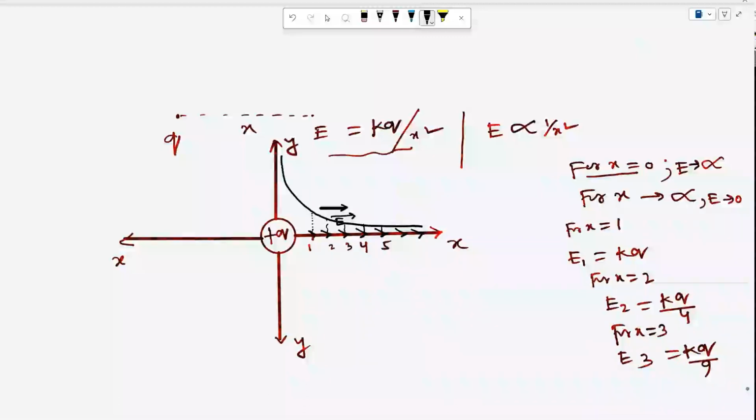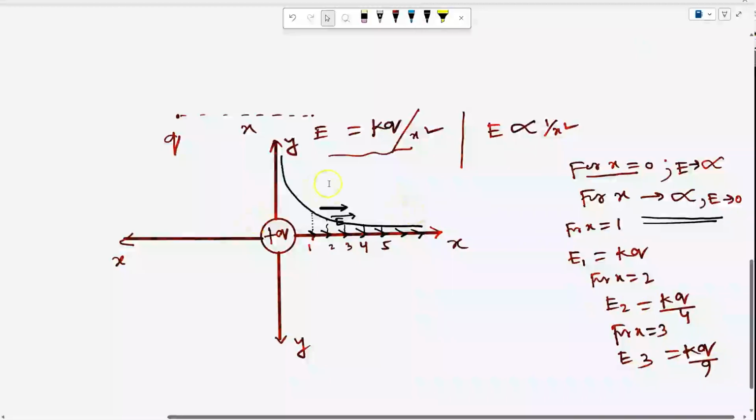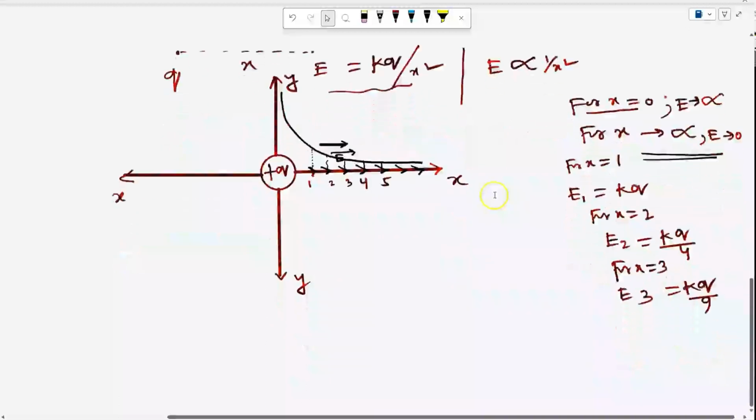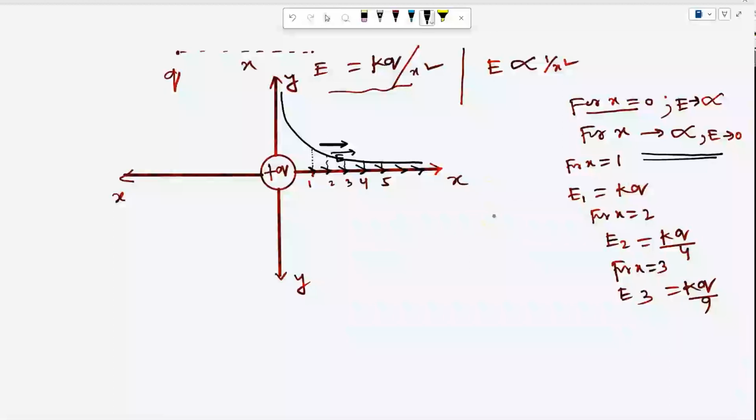It is gradually reducing. When x tending to infinity, E will be tending to 0. So the graph of E equal to kq by x square will be like this, as E is proportional to 1 by x square. And E on the right side of origin is directed towards right, so graph will be like this.